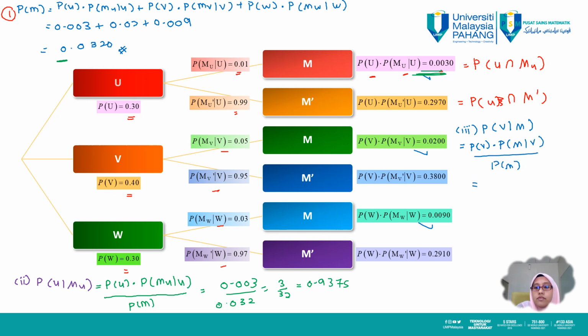So P(V) multiplied by P(M given V), we already have here, 0.02, divided by the total mistake from number 1, which is 0.032. So we will have 5 over 8, or I can write it as 0.625. Okay, so this is about Bayes' theorem.